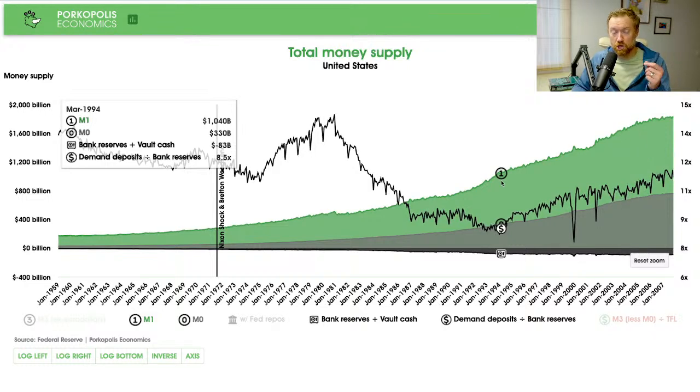And to be clear, lower is better. Lower is less leverage. So in the 90s, on the eve of the World Wide Web becoming popular, we were in a very safe place. Only 8x leverage of demand deposits over bank reserves.